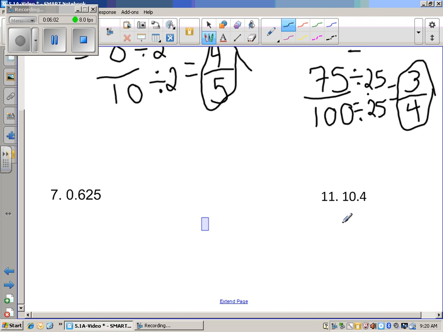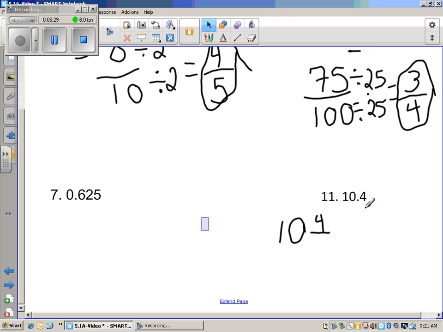So looking at number 11, I've got 10.4. So the number in front of my decimal is going to be my whole number. And then the number after the decimal is going to be my numerator.